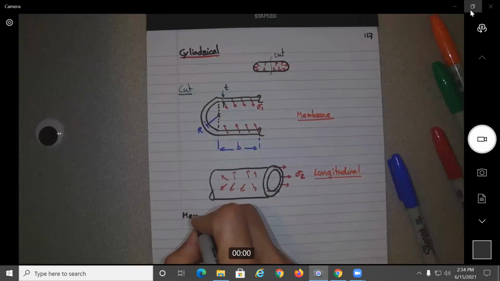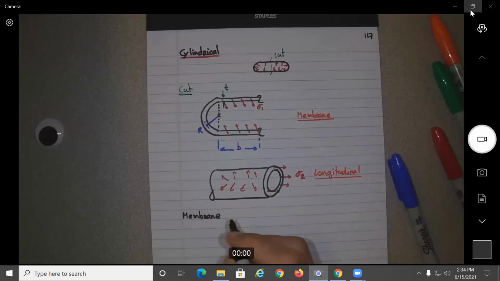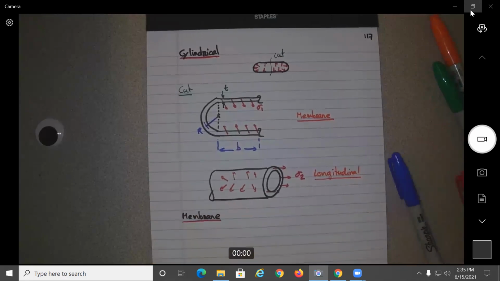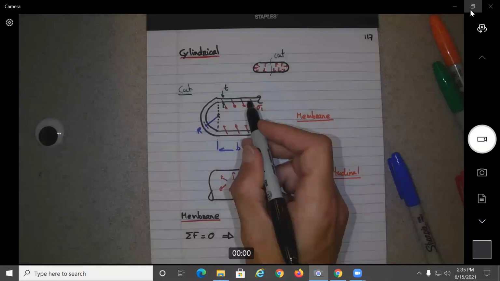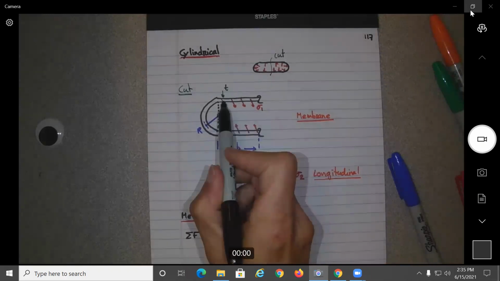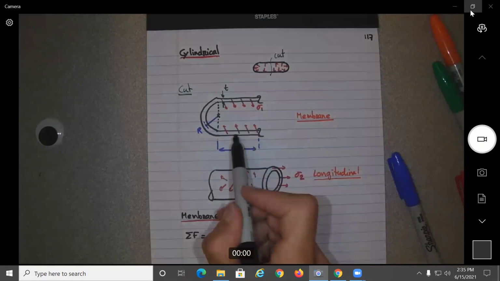Okay, so if we look at the membrane, we do summation of forces. If we go at the top and the bottom, B times T will be the area of the top section and this one over here, so you need to multiply this by 2.